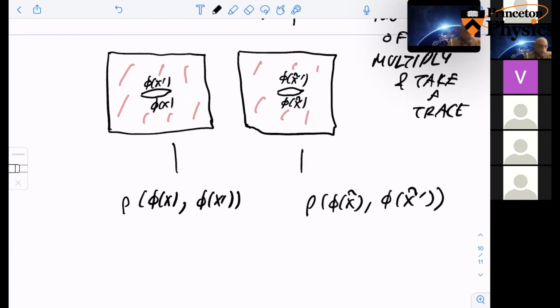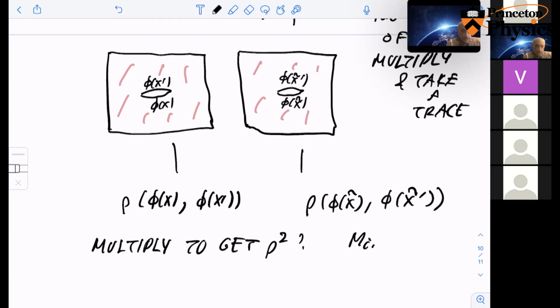Well, how would we multiply the 2 density matrices to get rho squared? Well, if I have a matrix M_ij and another matrix N_i'j', to multiply them, I set j equals j' and I sum.